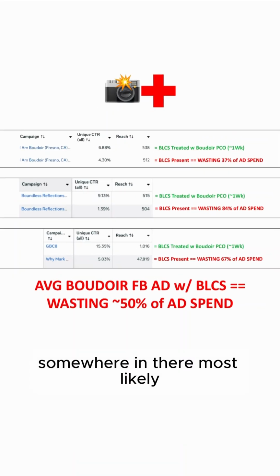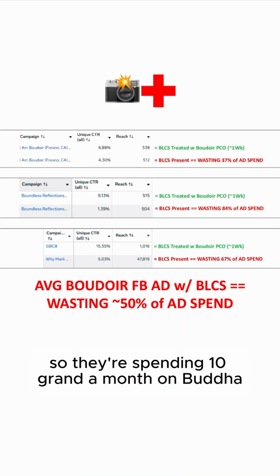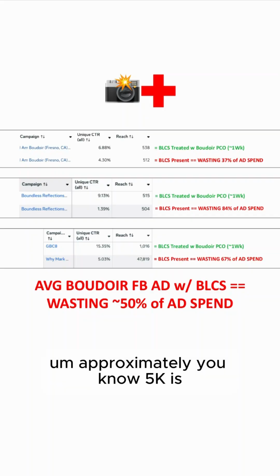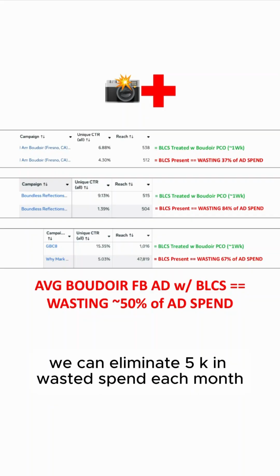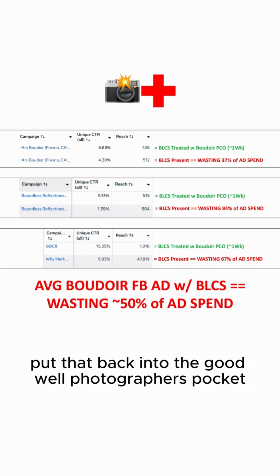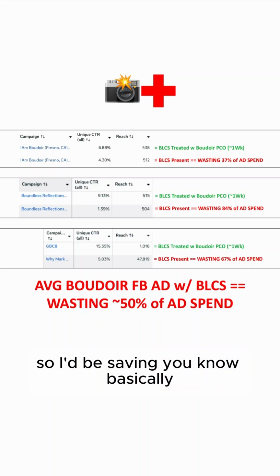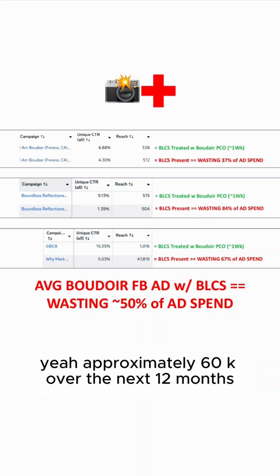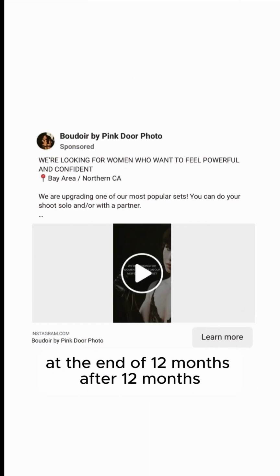So if they're spending 10 grand a month on Boudoir Facebook ads, then approximately 5K we can eliminate in wasted spend each month, put that back into the Boudoir photographer's pocket. So that'd be saving approximately 60K over the next 12 months.